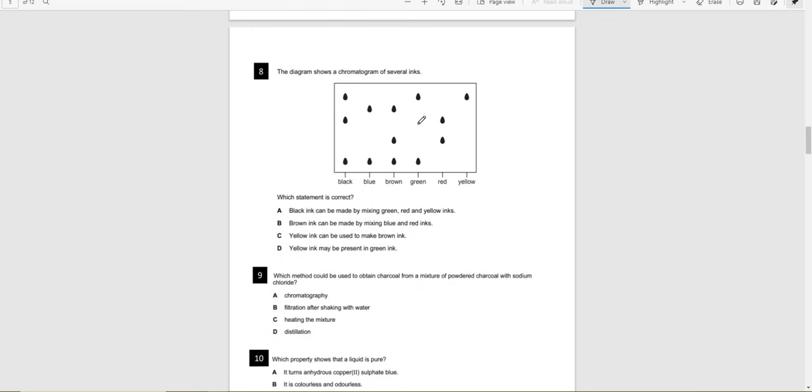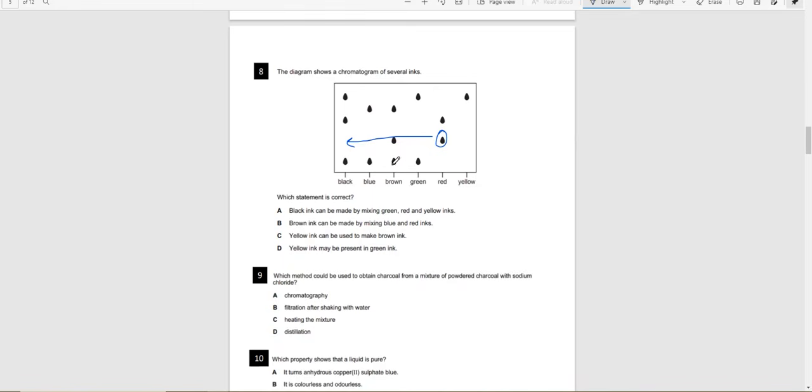What about red? No, this spot is not here. So no. Okay, brown ink can be made by mixing blue and red inks. So blue, yes. What about red?